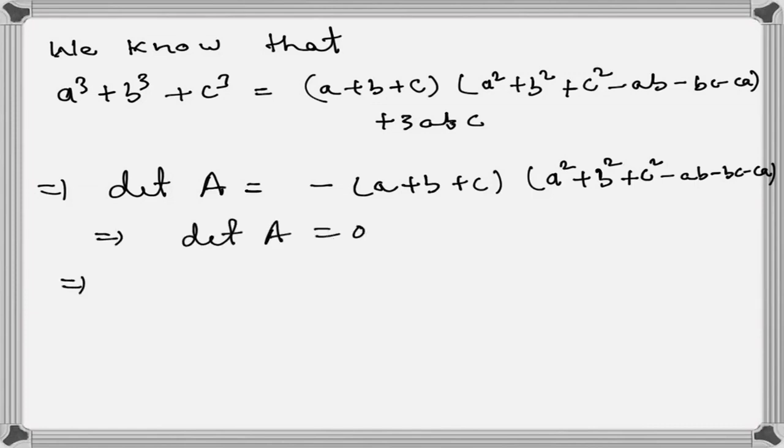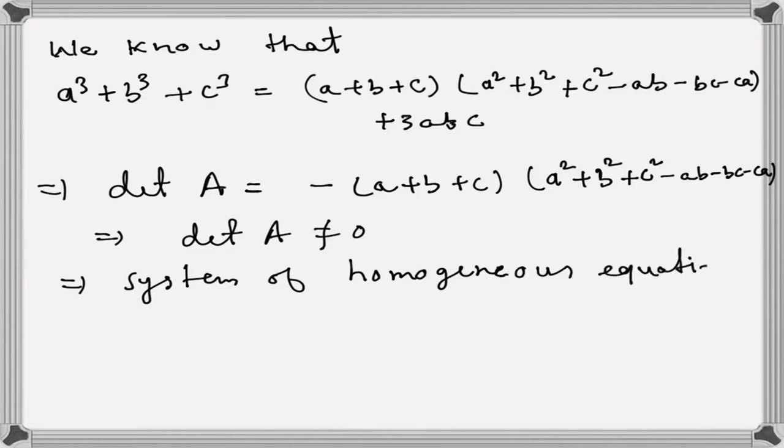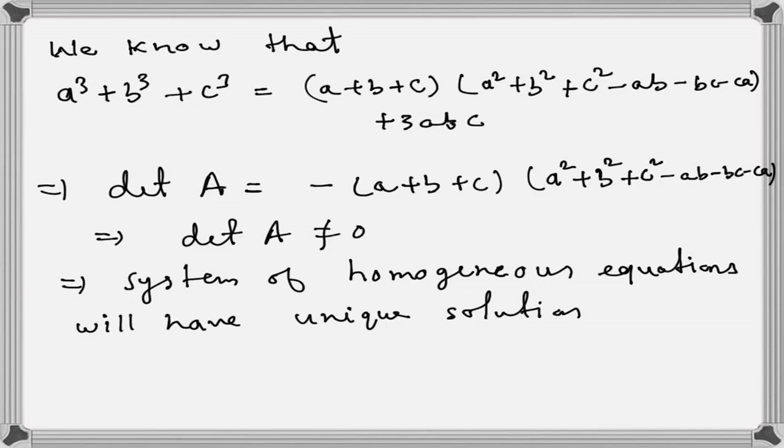So this implies that the system of homogeneous equations will have a unique solution, which is nothing but x is equals to 0, y is equals to 0, z is equals to 0.